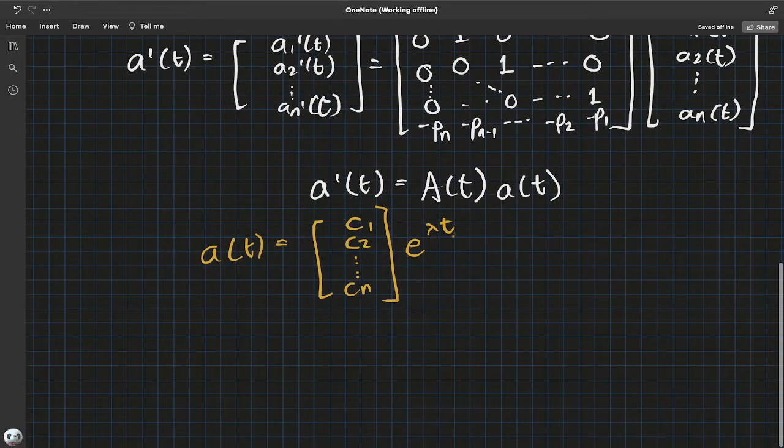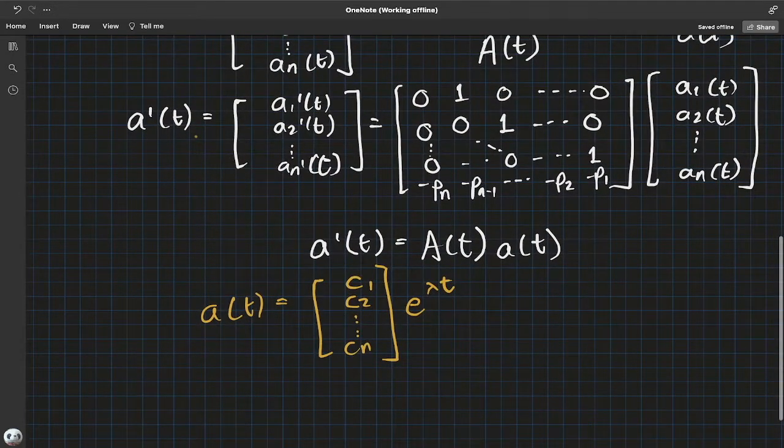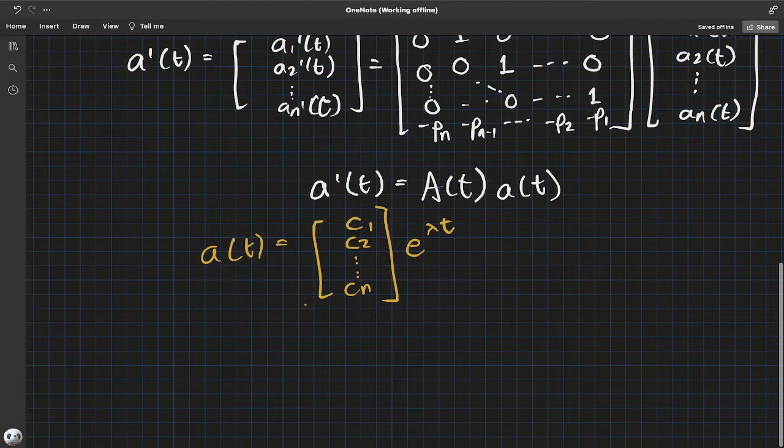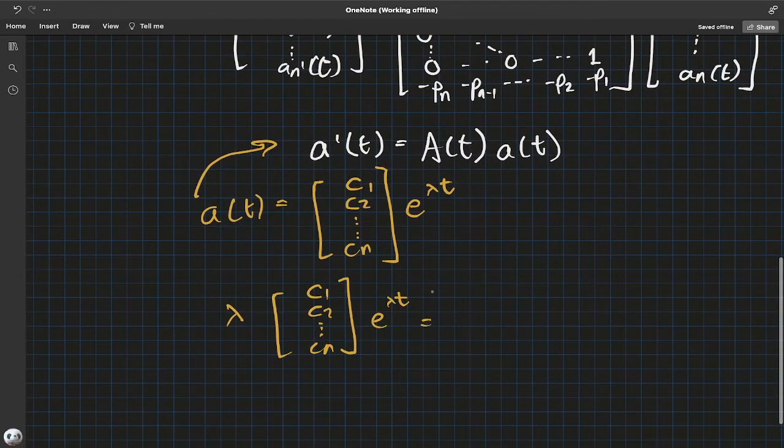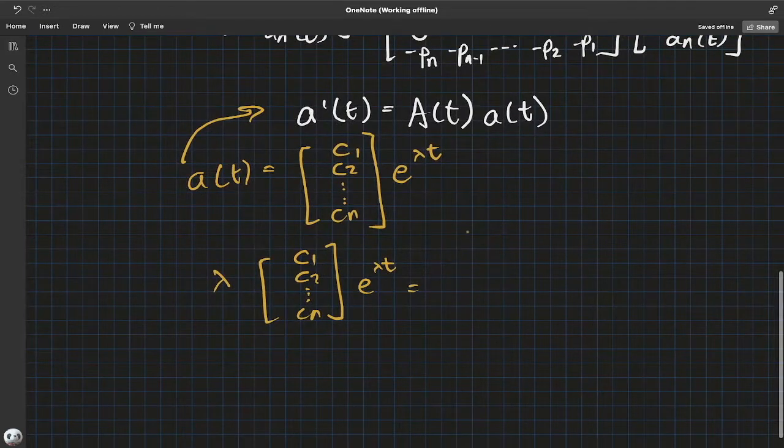Why is this useful? Well, the e to the lambda t is sort of the eigenfunction for this derivative with respect to time operator, because if you plug this in this equation, you differentiate with respect to time, you get 1 lambda out. It's C1, C2, Cn e to the lambda t equals, well, just A of t1, nothing there.